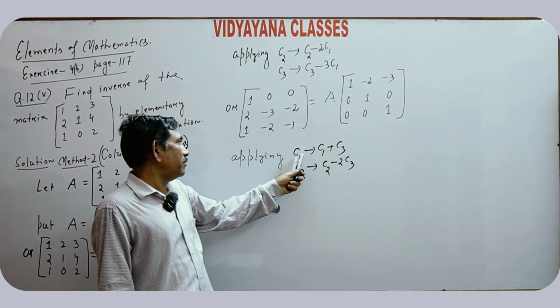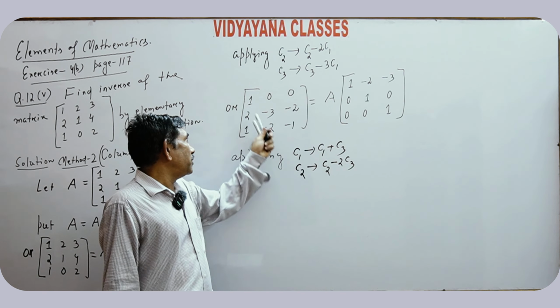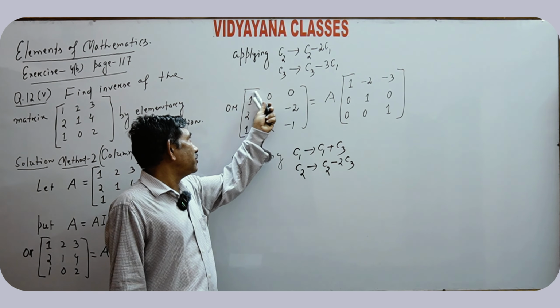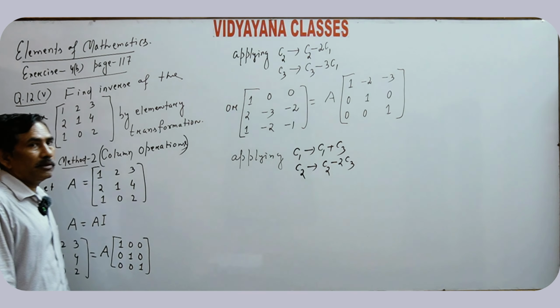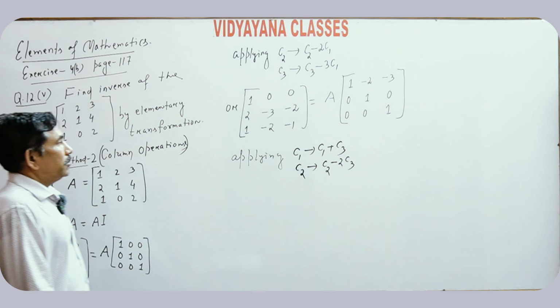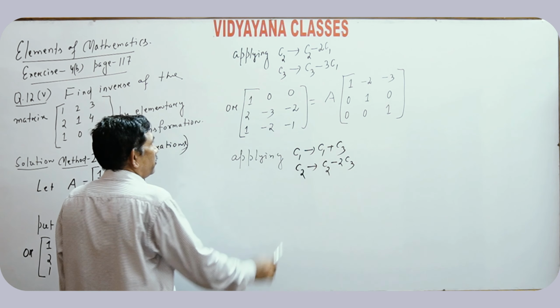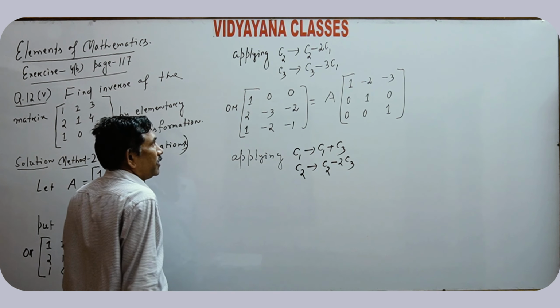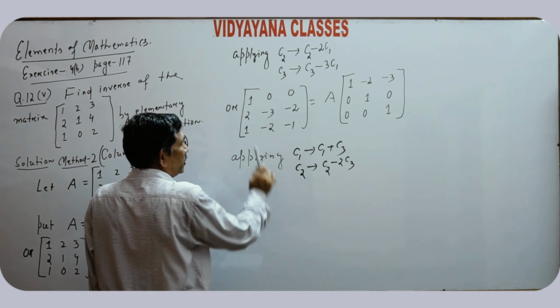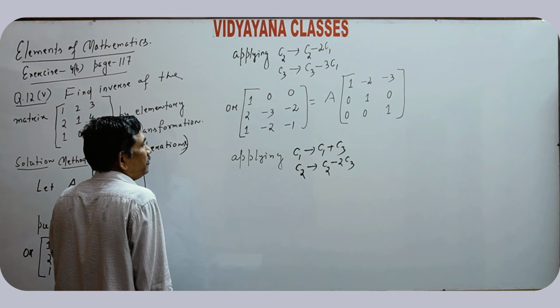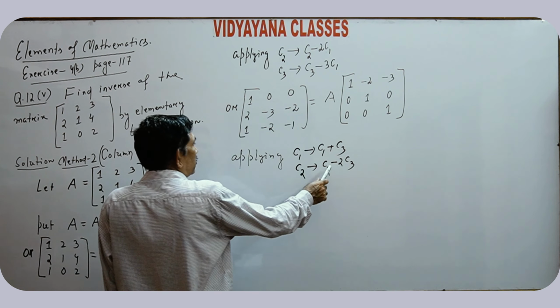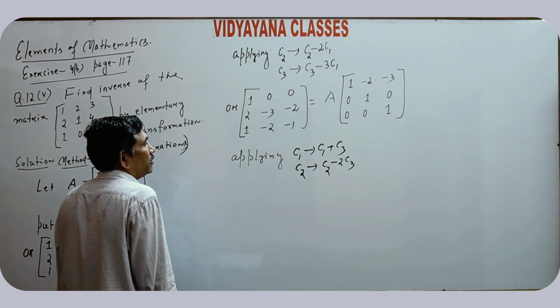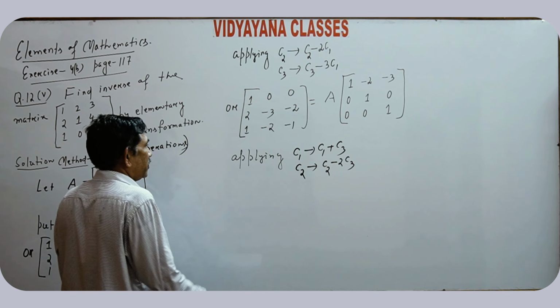We will apply the column operation without changing the elements of row 1. It is the concept. C1 is replaced by C1 plus C3. C2 is replaced by C2 minus 2 times C3.